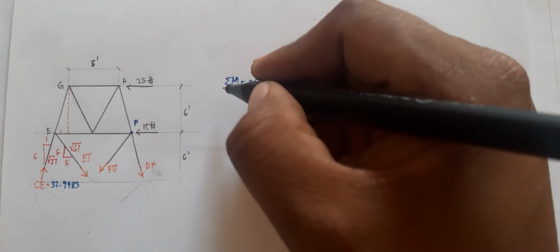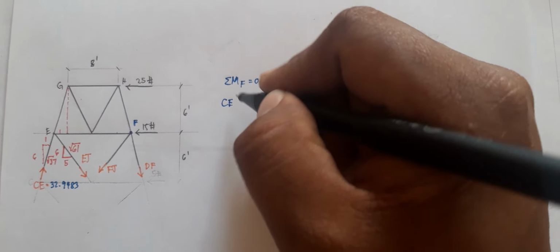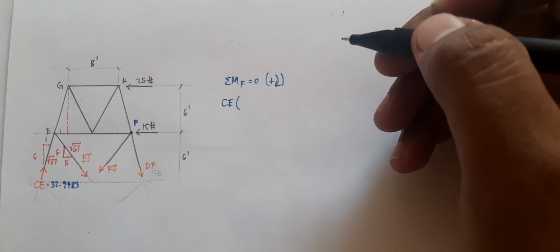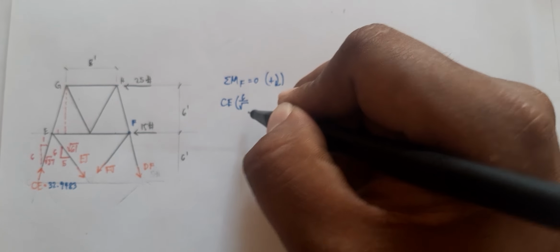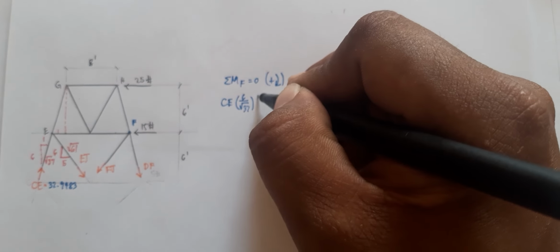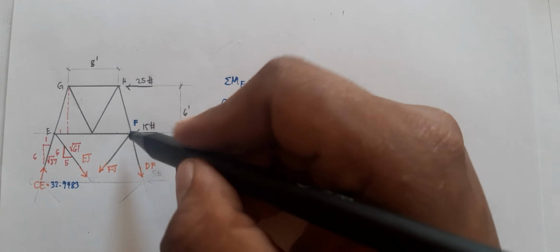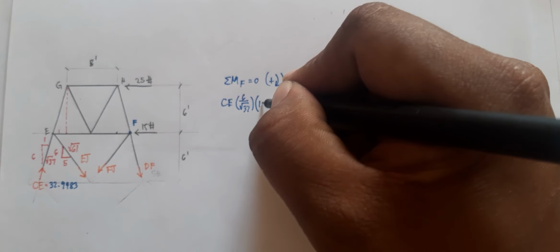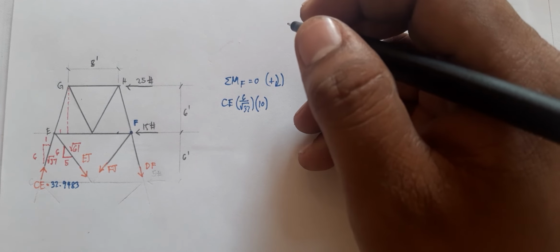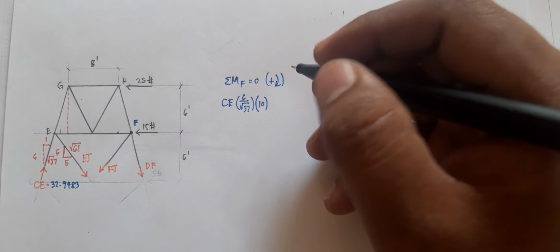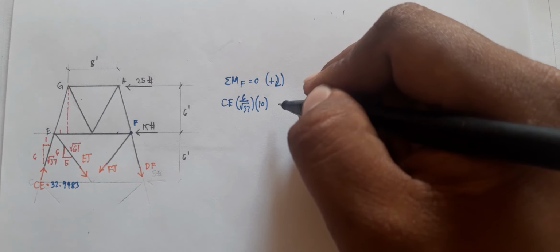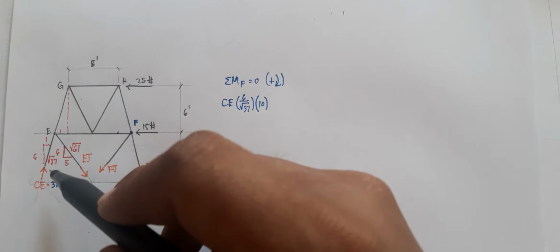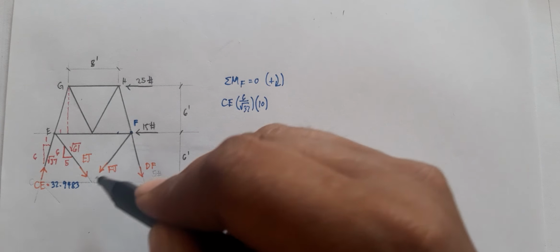So you would have here CE times the vertical component. What is the vertical component? That is 6 over the square root of 37. Lever arm for that one, again this one is 1, plus 8 plus 1, so that would be 10. Next, counterclockwise is EJ.